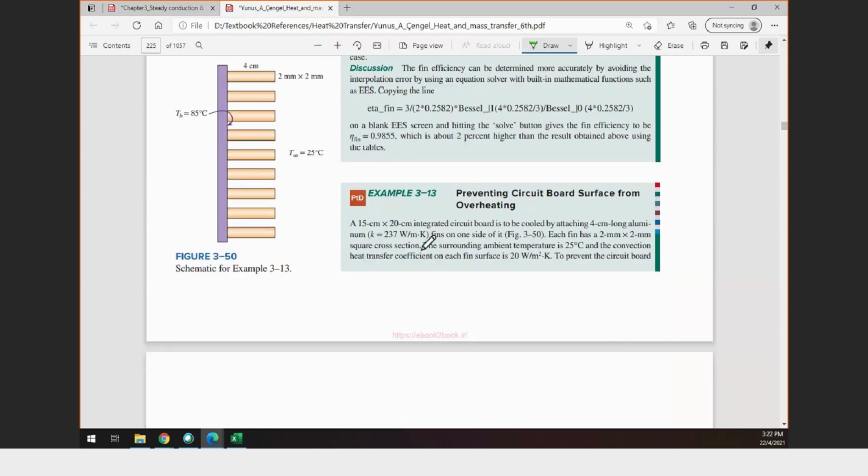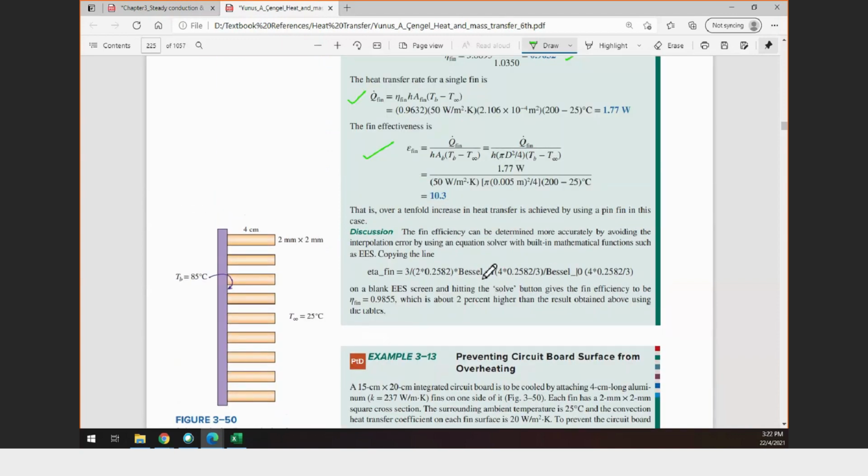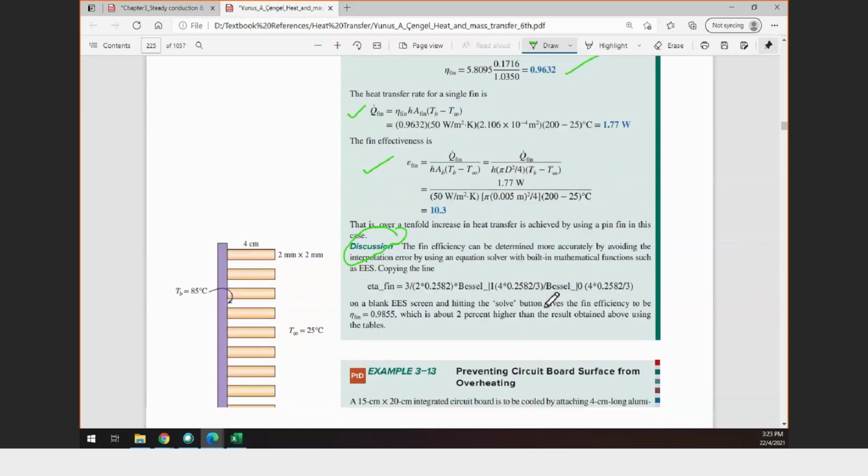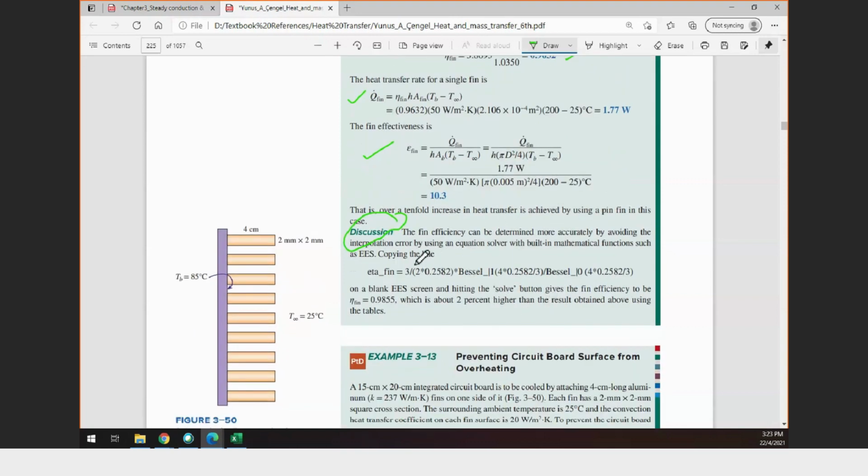Okay guys, any question? So there is some discussion here. The discussion just says that the fin efficiency can be determined more accurately by avoiding the interpolation error by using the equation. This is more specific, related to the accuracy of the answer.